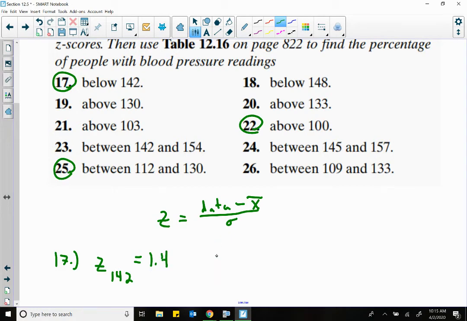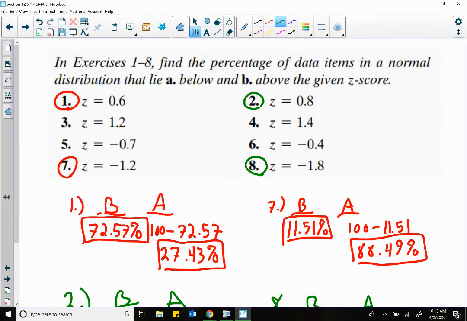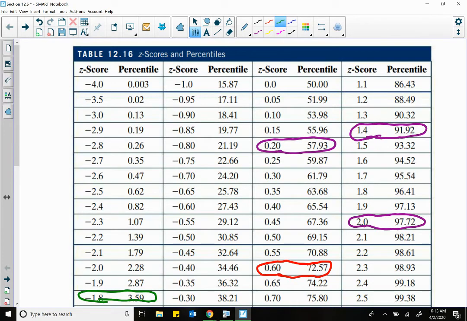And we want to be below, so all we got to do is look up this number on our chart, and since we're below, we'll just keep the percentage. That's what they want. So here's our chart. We are at 1.4. Here's 1.4 again, and it's 91.92.